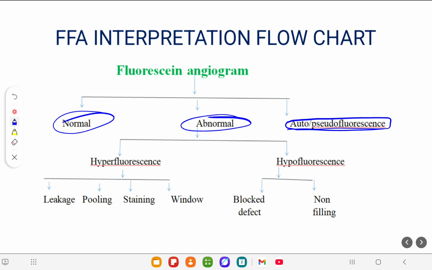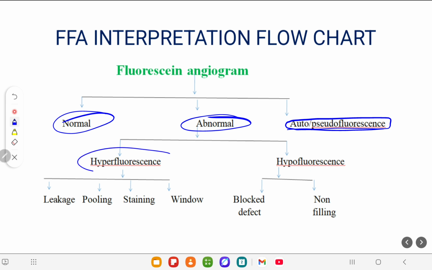The name itself says there is too much fluorescence. Hyperfluorescence means fluorescence seen where it should not be seen, or seen too much. And hypofluorescence means fluorescence is not seen where it should be seen. Fluorescence is blocked or non-filling.